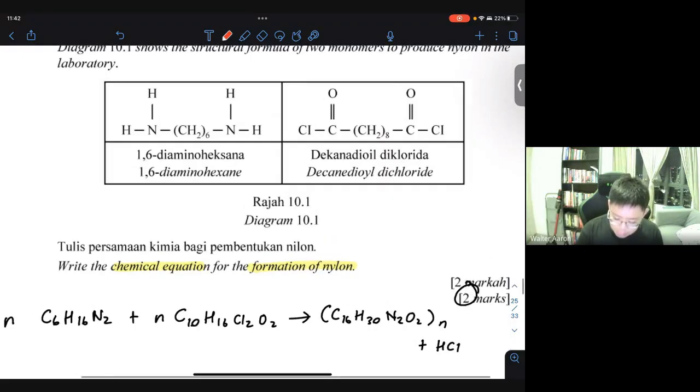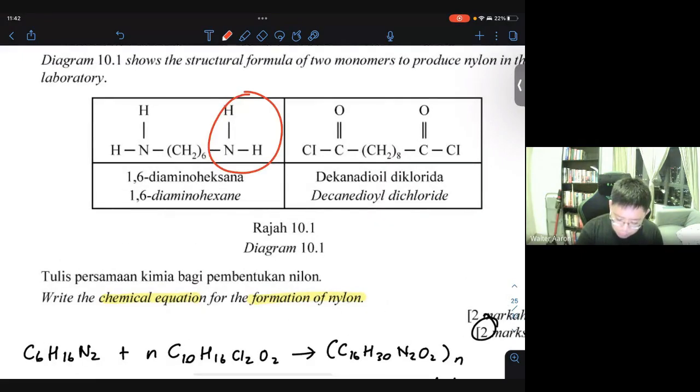So remember, this is your functional group for both sides, and this one is your functional group for both sides also. All right? So when you want to form new chemical bonds between this N and this C, you must take out something first. In this case, we'll take out this one and this one, combining together to form HCl, hydrogen chloride gas.